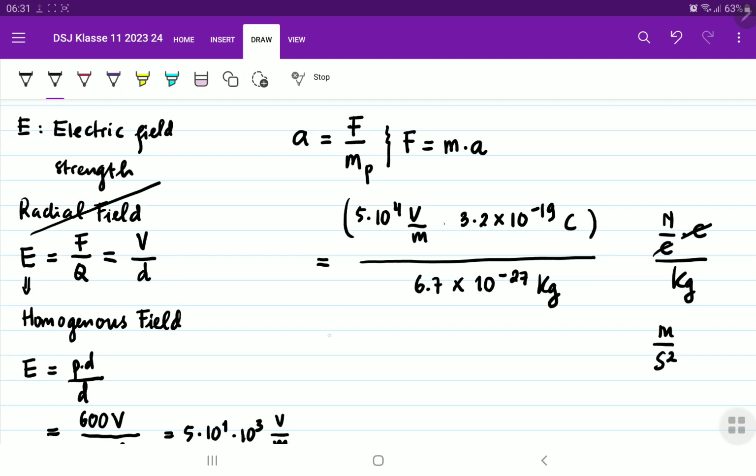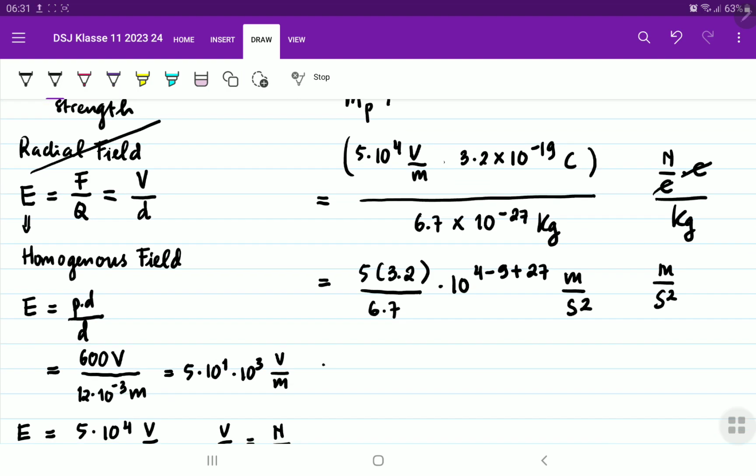So we can collect the numbers first and the powers of 10 all together in separate places: 5 times 3.2 divided by 6.7 times 10 to the 4 minus 19 plus 27 meter per second squared.